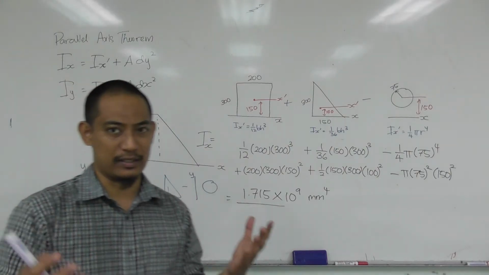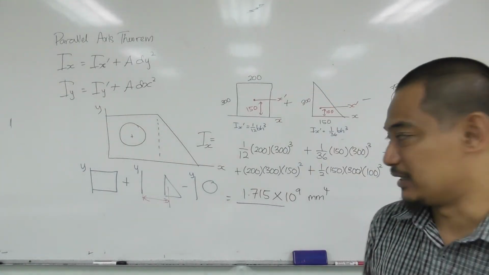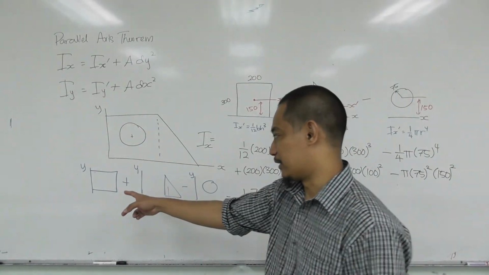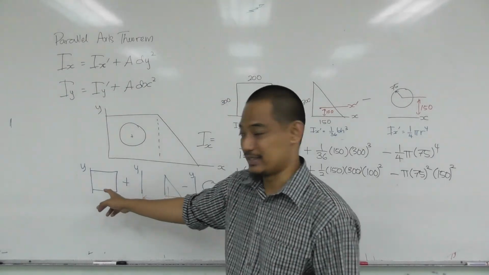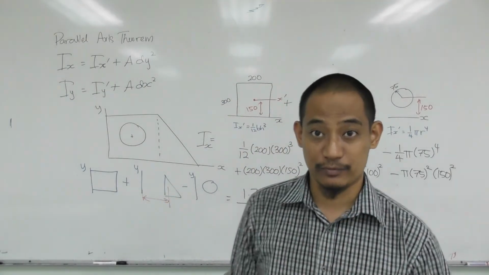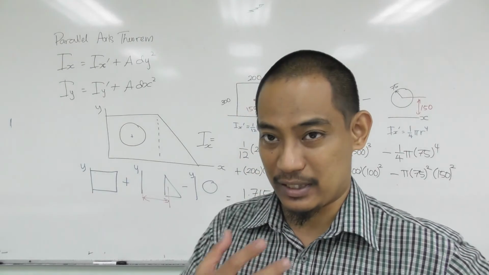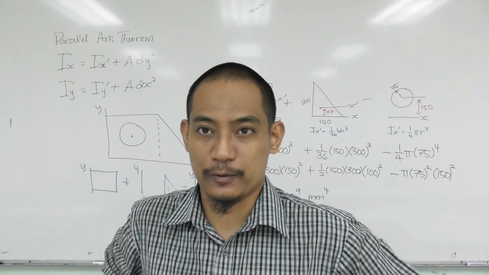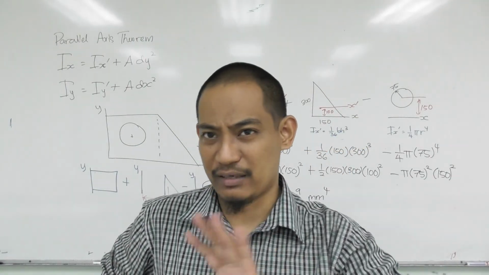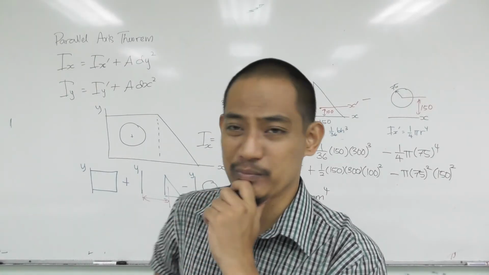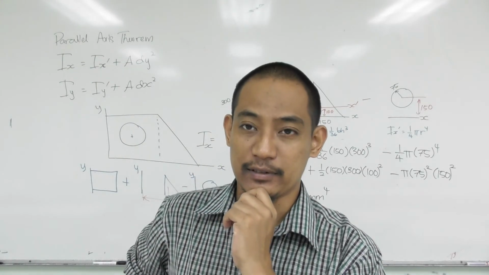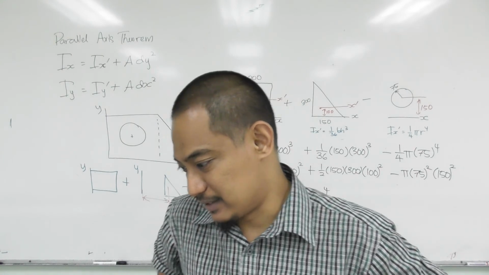So it's something like that. The concept is the same: you identify what is the area and what is the dx. This is for Iy. Just try. It should be straightforward also, and if you understand everything, it shouldn't be that difficult for your exam, inshallah. So that's the end of this one.